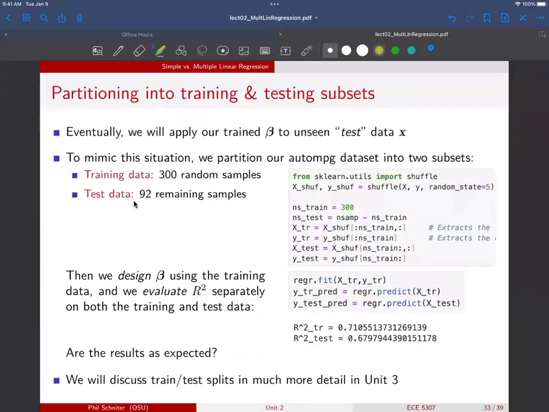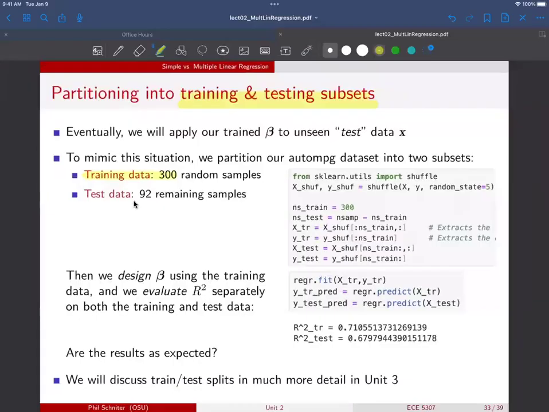So just to think about this a little bit more, sometimes we can make a distinction between training and testing data. We can even do that with a single data set like this one that gave us 392 samples. We can construct two different folds of data. One, we'll take a random 300 samples and use that for the training data.